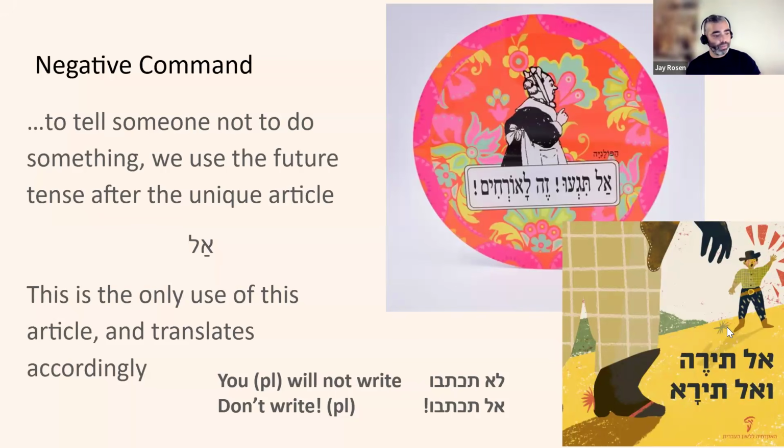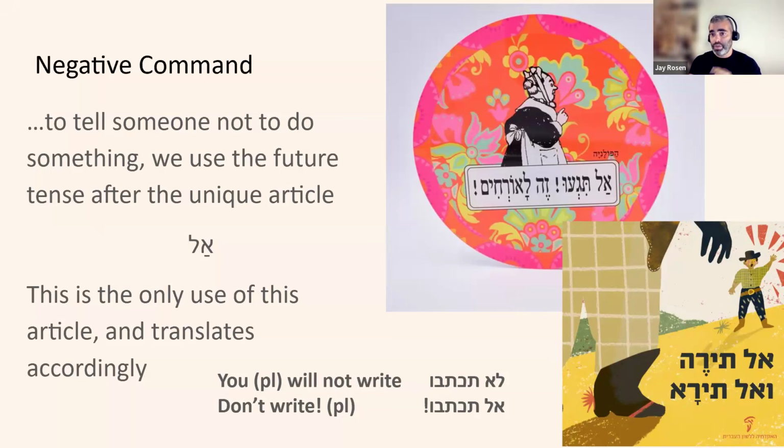Or you see at the bottom right, a very clever and a little bit of a tongue twister. Al tireh ve'al tira, referring to two different things that are illustrated in this picture from our friends over at the Academy of the Hebrew Language. Al tireh comes from the verb lirot. Lirot meaning to shoot. So al tireh, don't shoot.